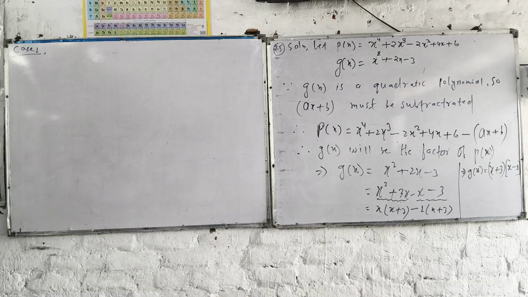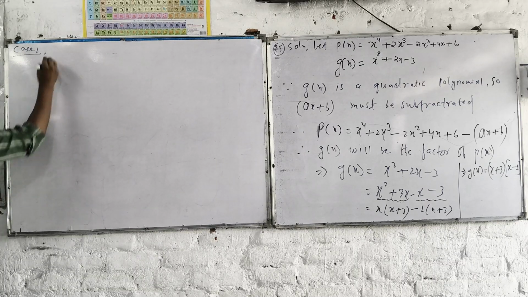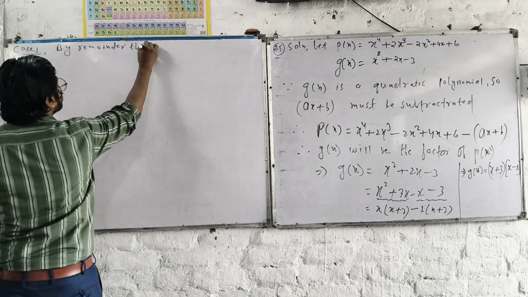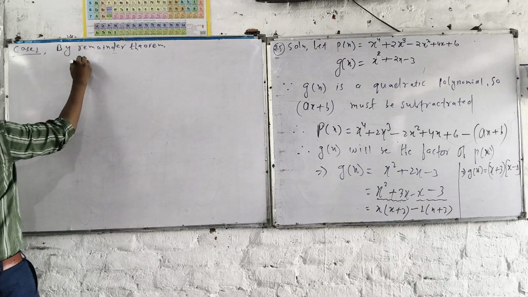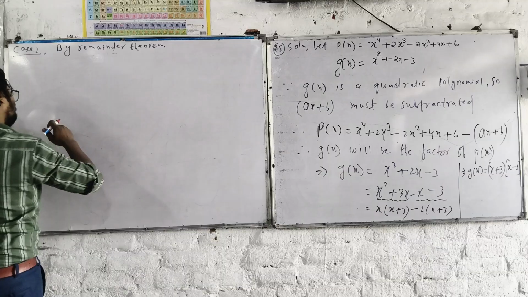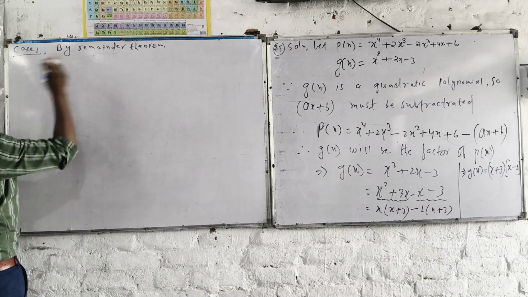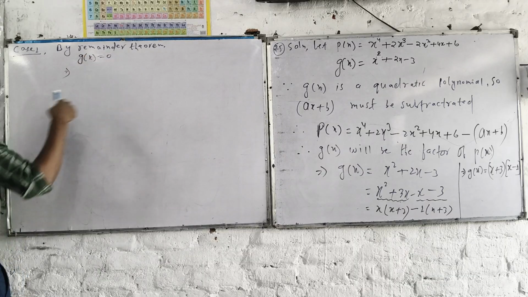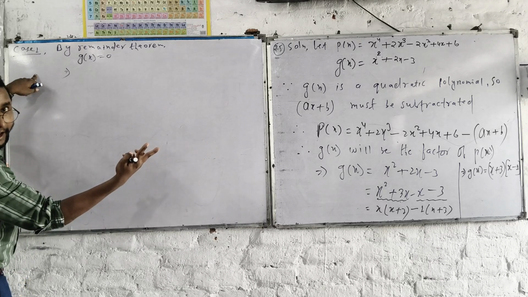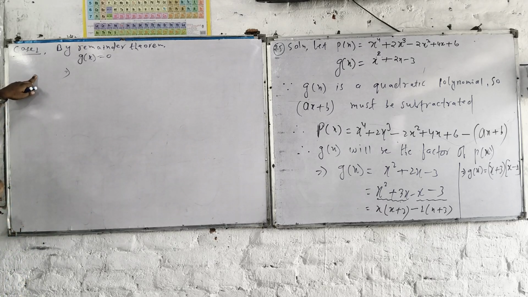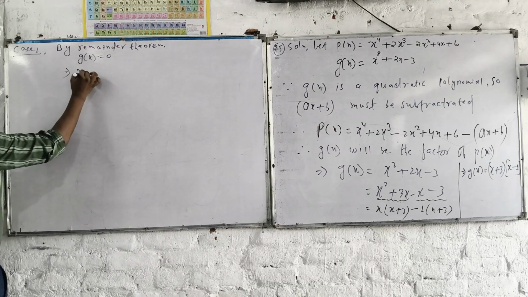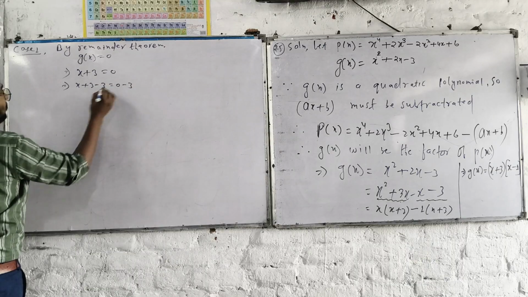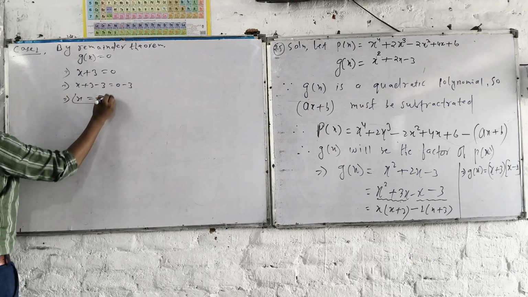Case first, by remainder theorem, g(x) will be equal to 0. The first case first, because we are taking the case for the two factors we have. First factor: x plus 3 equal to 0. So x plus 3 minus 3 equal to 0 minus 3, x equal to minus 3.